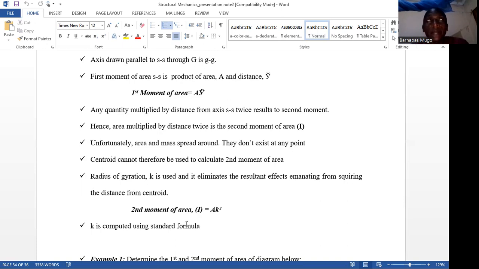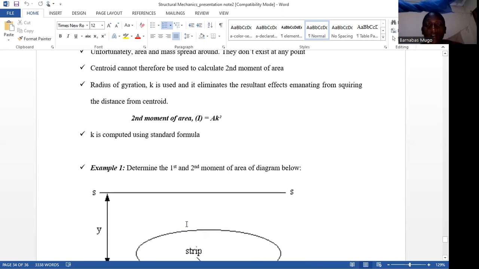that is, to eliminate the effect brought by the spread of mass and area from squaring the distance from the centroid. So by using the radius of gyration K, it eliminates the resultant effect emanating from squaring the distance from the centroid, and therefore the second moment of area will be given by A times K squared, where K is the radius of gyration, as we are going to see.